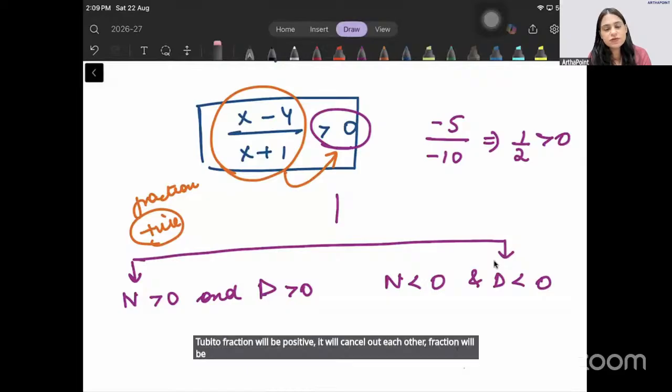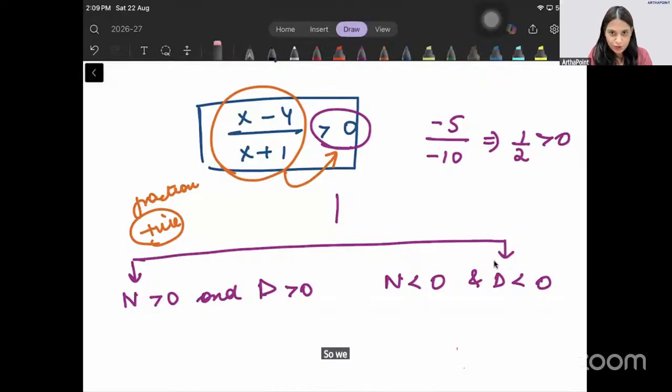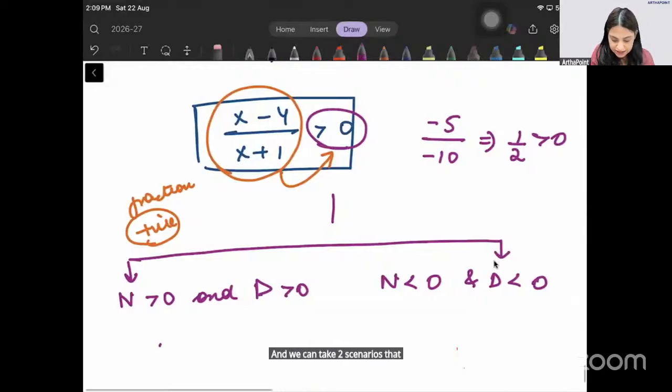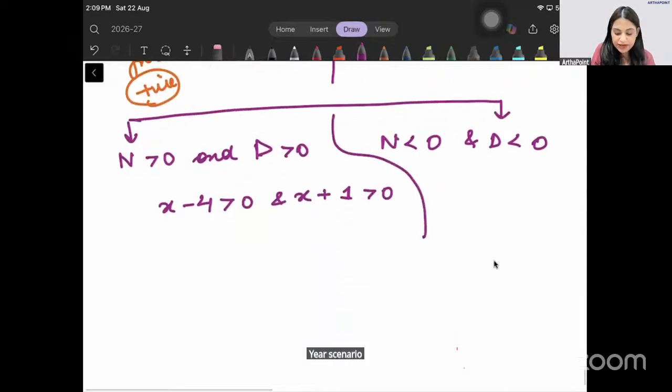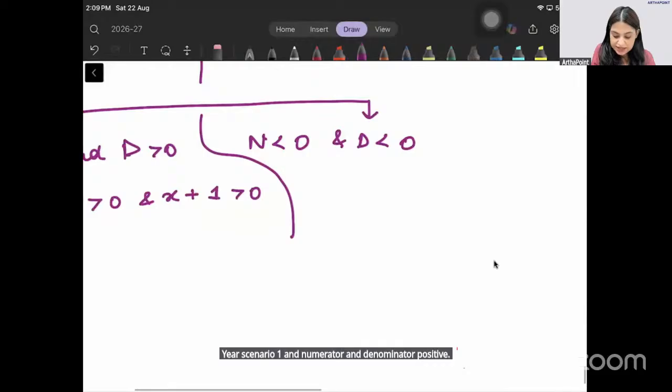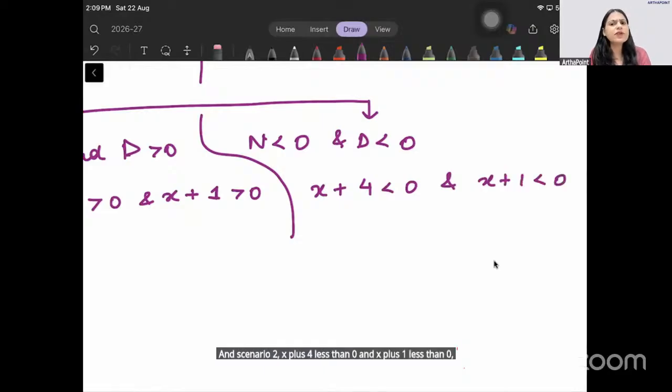So we can go ahead and take two scenarios: x minus 4 greater than 0 and x plus 1 greater than 0. This is scenario 1, numerator and denominator positive. And scenario 2, x minus 4 less than 0 and x plus 1 less than 0, both are negative.